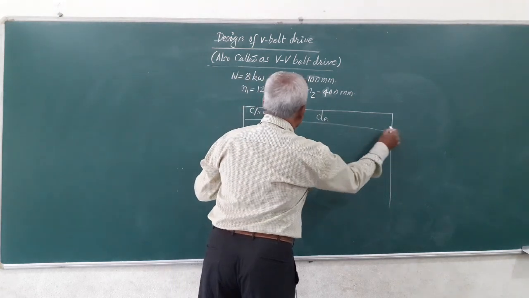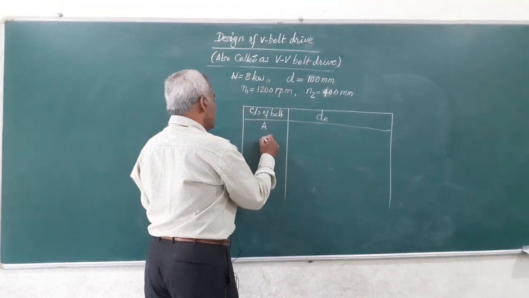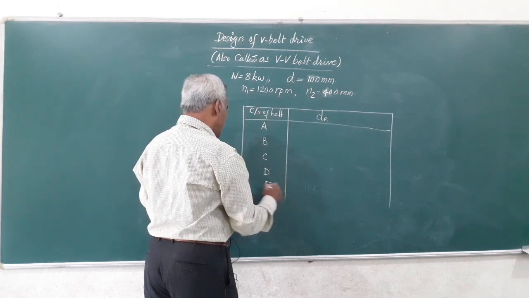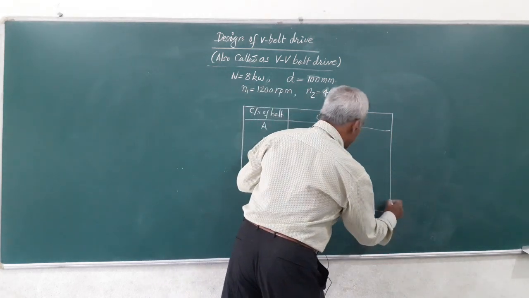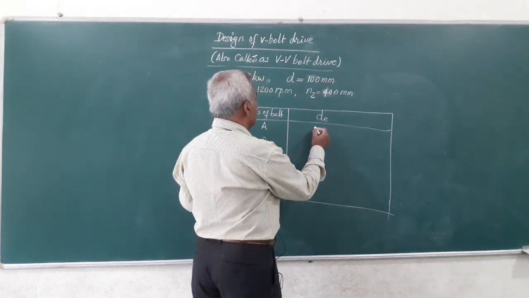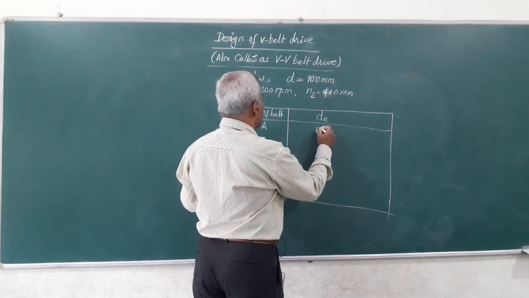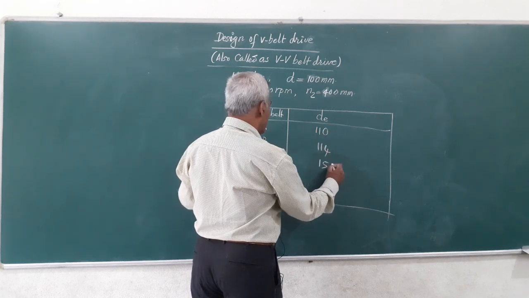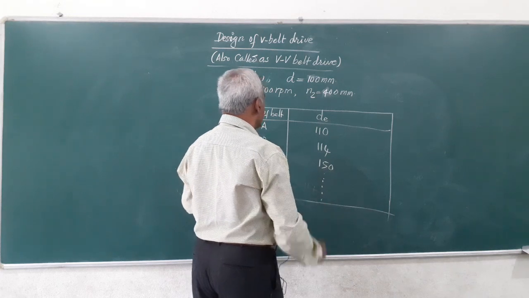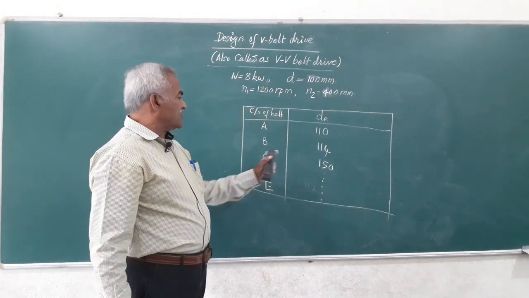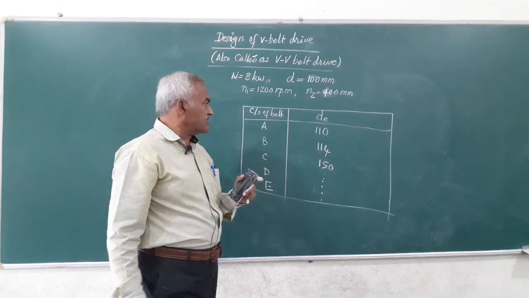So, cross sections are represented by A, B, C, D and E. There are 5 different cross sections that are generally used, and they have given you the value of this. Say maybe this is 110, this is 114, 150 and so on. So, here A is one cross section, B cross section, C, D, 5 different cross sections are there.